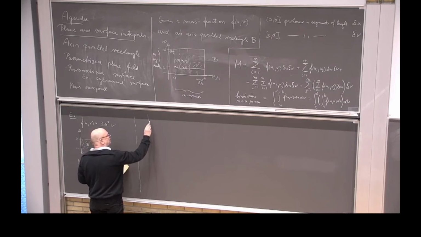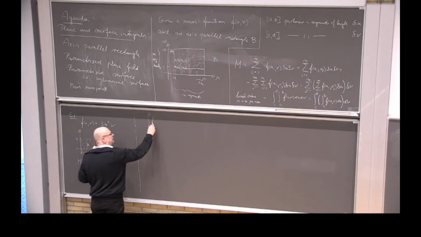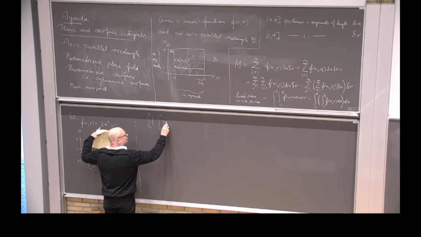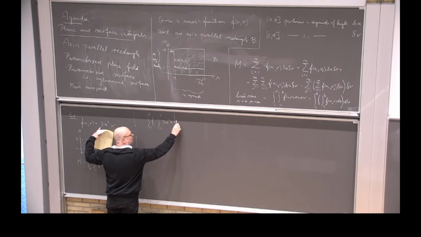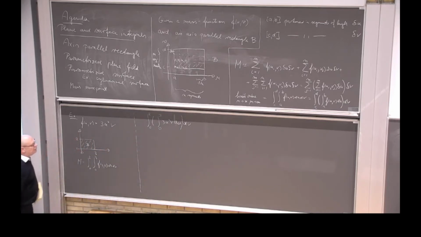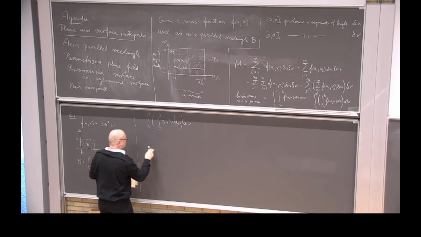I write this as the integral from 0 to 2, and then the innermost integral from 0 to 3 of this function, u dv. So firstly, I have to keep v constant, and then I have to integrate with respect to u.